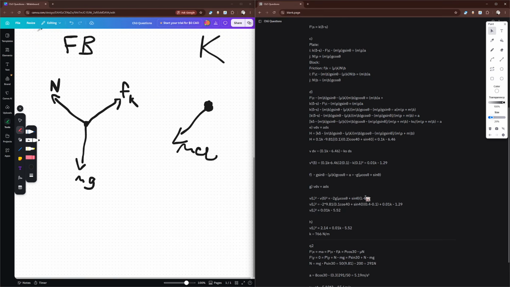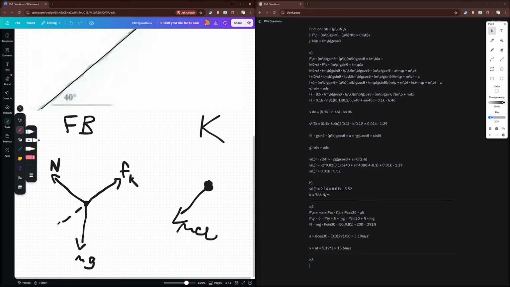Also, keeping in mind our scale here, right? Like our axes. If this is 40 degrees here, and this is 90 degrees, this here becomes 50 degrees, right? Or you can have your 40 degrees here. For this question, I'm going to show this method, because both methods are valid for the angles. If you have sine 40 and cos 50, those are the same thing. And I'm going to double check that with my calculator just to make sure I'm not being an idiot.